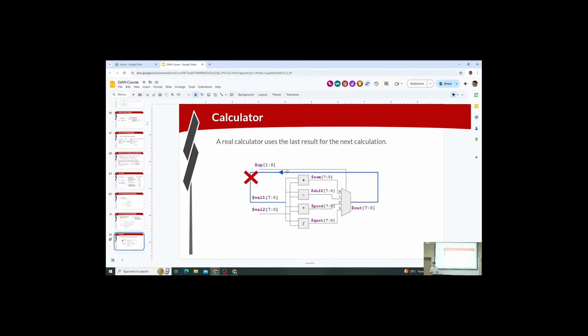In a real calculator, you perform the operation. The result of that operation becomes the operand for your next operation, right? So we need a loopback path from the output to feed back as the val1 input. Right? So if we just connect these up directly like this, we have an issue.